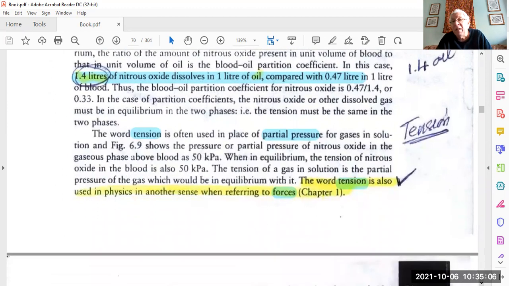The word tension, whenever I say gas tension, is the partial pressure of the gas in a liquid. But the partial pressure is the pressure of the gas in a gas state, not any liquid.